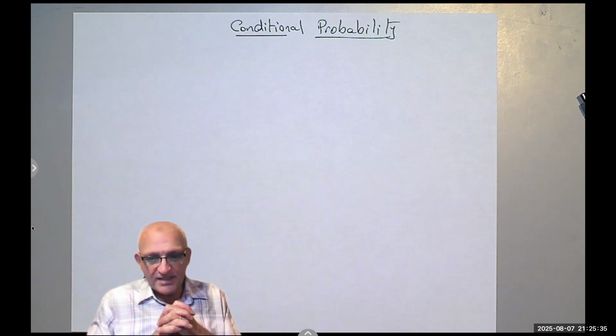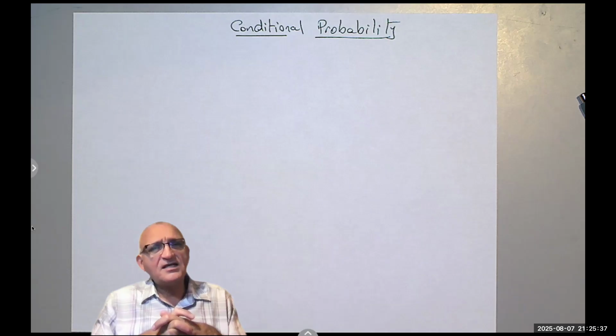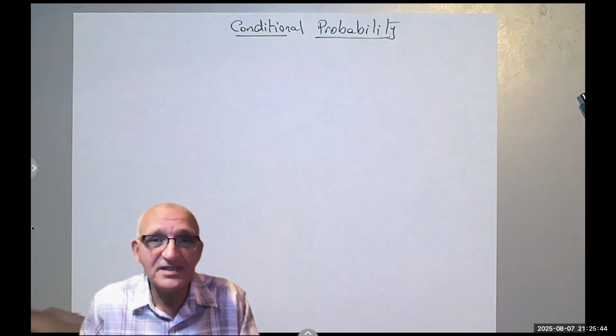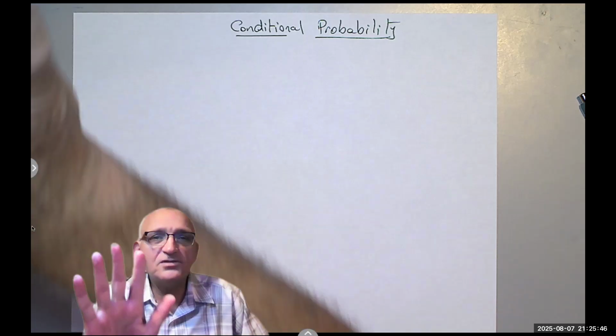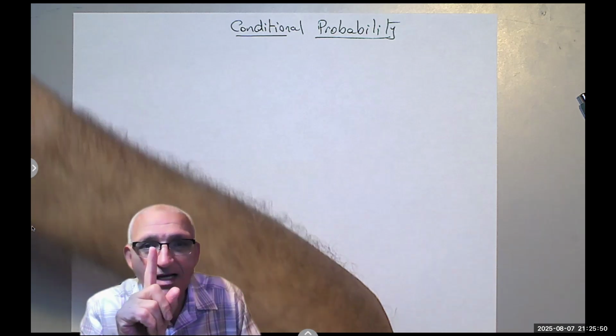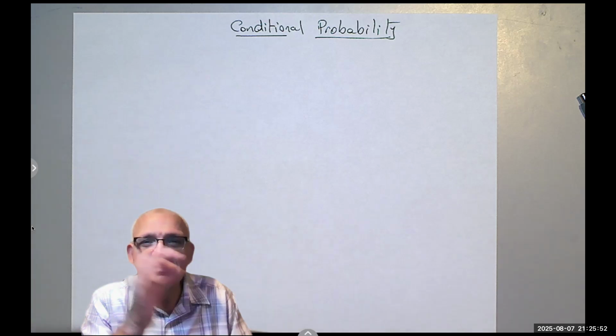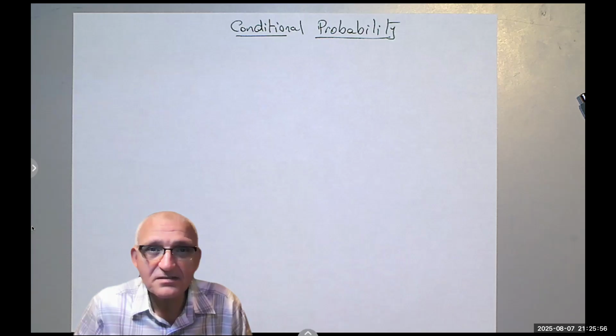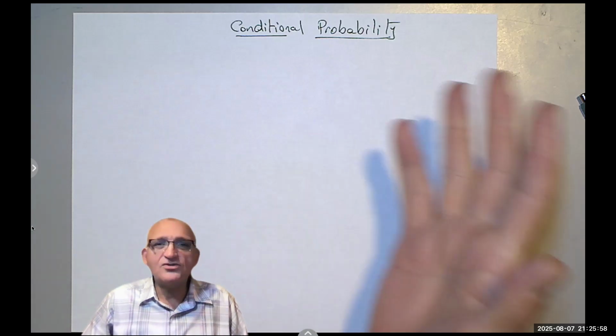Suppose I ask you, what is the probability that you get, say, a jack if you take a card from a deck of cards? I say, don't tell me. What if I tell you that the card I selected was of the heart suit? You say, what are you talking about?